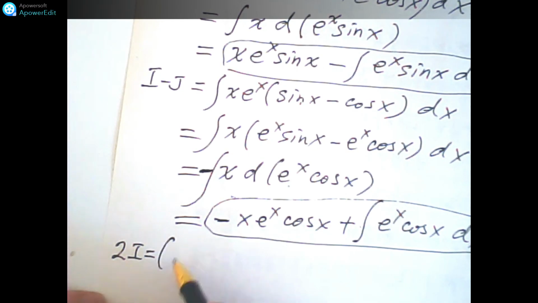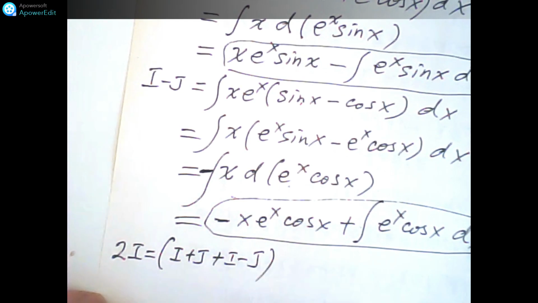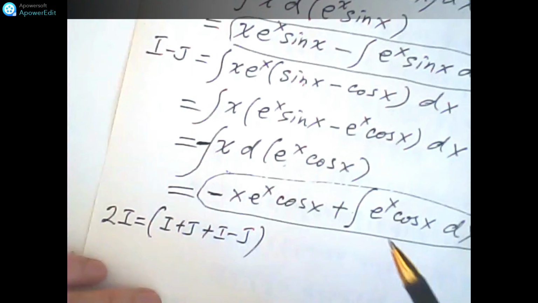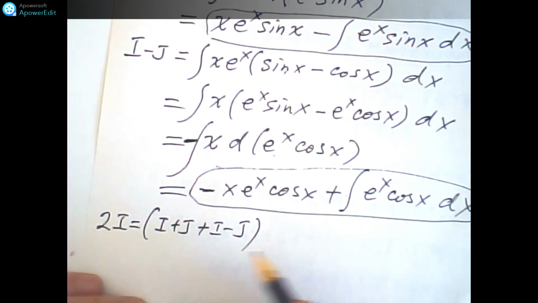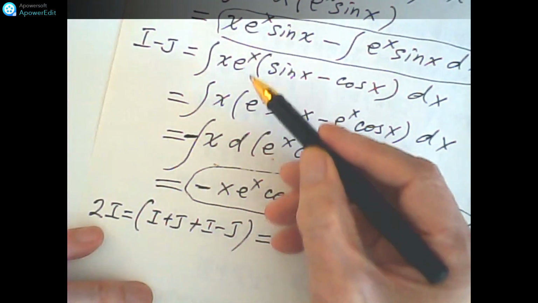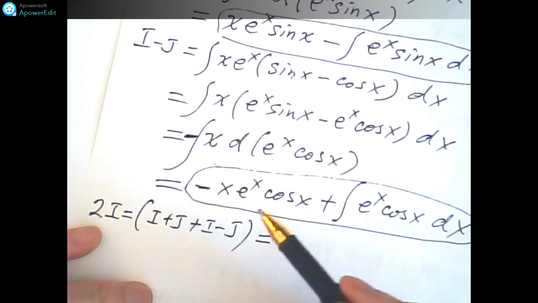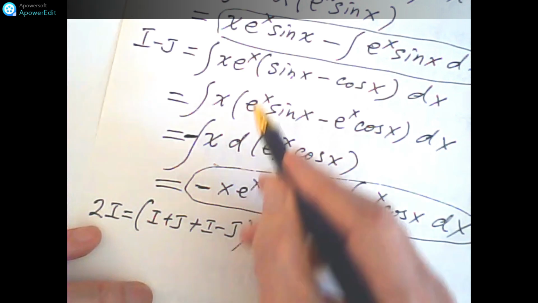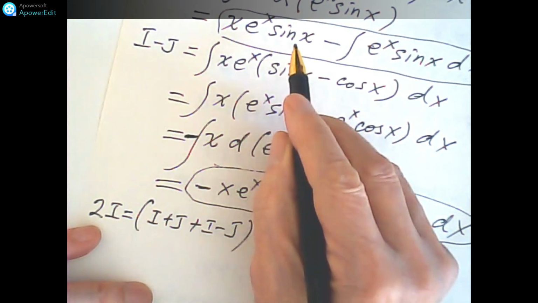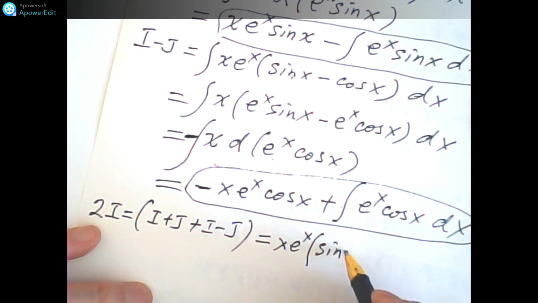So 2I is equal to I plus J plus I minus J. So this one plus this one. Well, let me write this one. This one plus this one, right? The common factor, x e to the x (sine x minus cosine x).